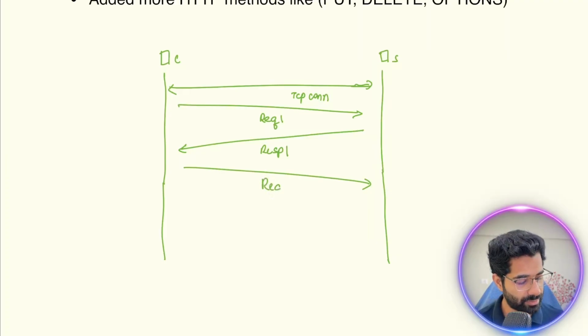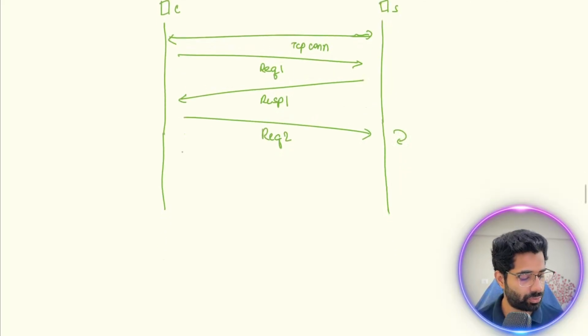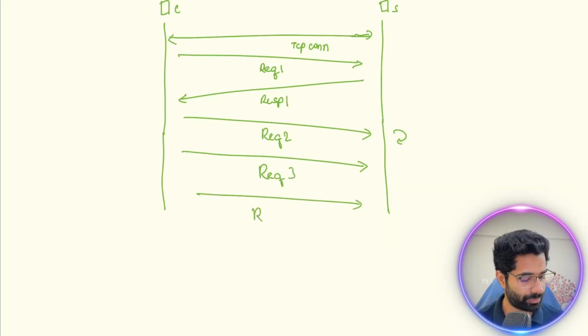Now request 2 is sent, and let's say at the server's end it is taking some time for the response to be generated. The client need not wait for the response of request 2; it can send request 3 as well, and it can also send request 4. So multiple requests can be sent one after the other without waiting for the response of the previous request.